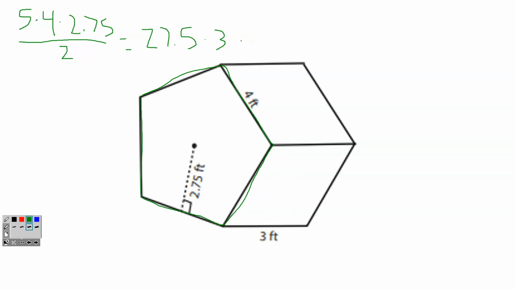So now when I do that, I get an answer of 82.5 feet cubed. Not quite as big of a number, but you know, that's okay. Sometimes these are really big, sometimes they're really small.